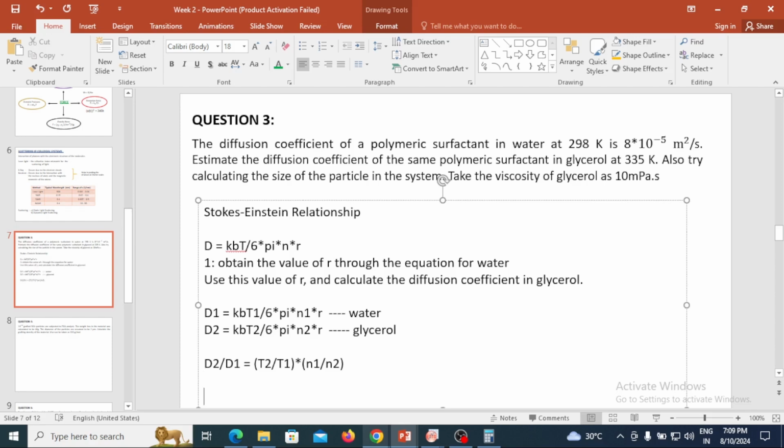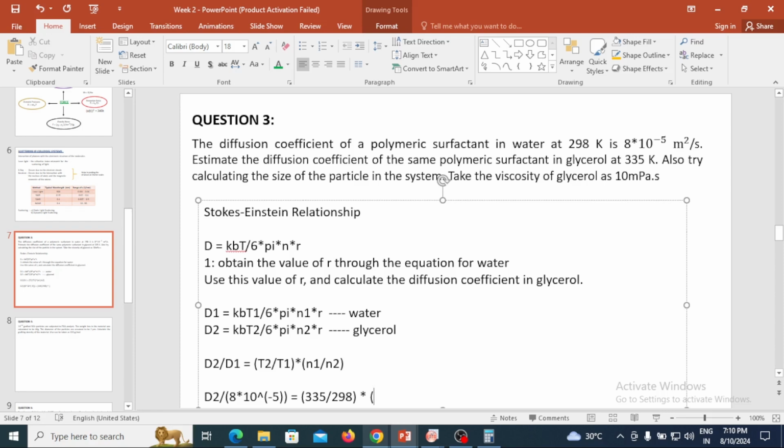So D2 you don't know, D1 you know, 8 into 10 to the power minus 5, T2 you know 335, T1 you know 298, eta 1 that is your viscosity of water.